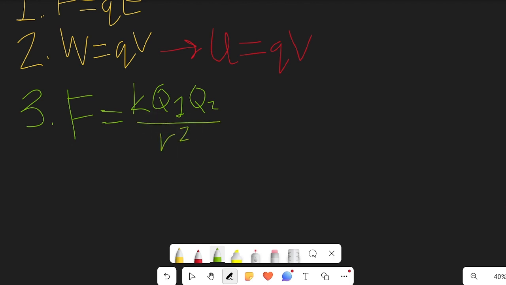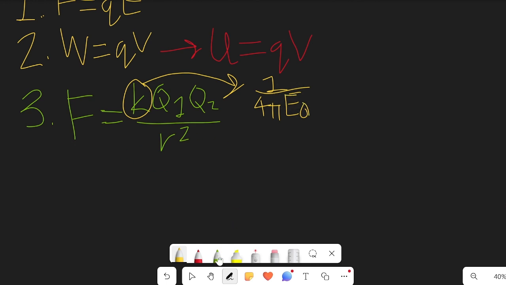This right here is Coulomb's law. Remember that this K, on the AP test, write as 1 over 4 pi E naught, where E naught is the permittivity of free space.